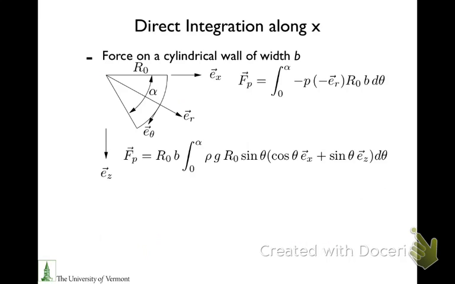Now, let's do a quick direct integration of the force of pressure in integral form. First, let's consider the horizontal component. Here I've written the total force, so we are just going to consider this part of the equation.